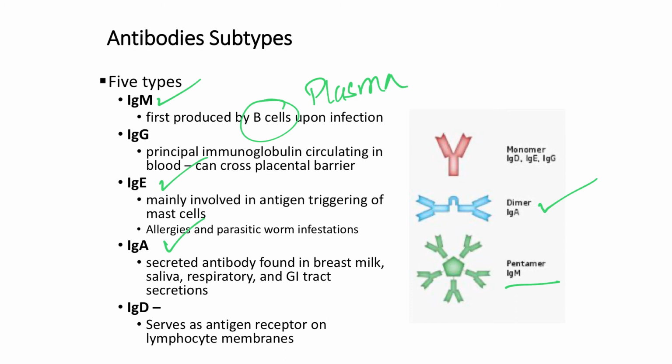And then finally, we have IgD, which is a monomer, and that's an antigen receptor, which really just coats lymphocyte membranes. The other thing about IgE, which I mentioned very briefly, is that it is mainly associated with allergies now.